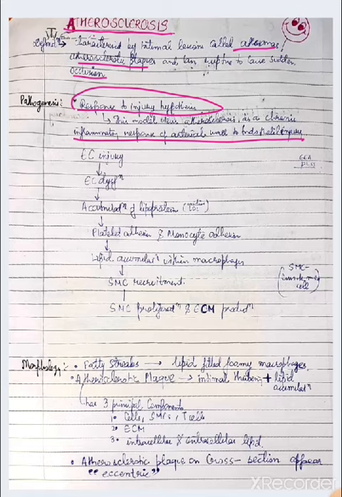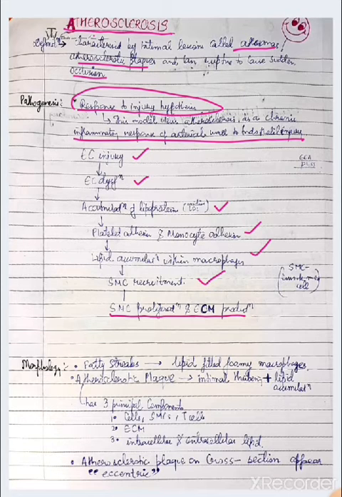Endothelial cell injury leads to endothelial cell dysfunction. Then there is accumulation of lipoprotein, especially oxidized LDL, and platelet adhesion and monocyte adhesion occur. Then there is lipid accumulation within macrophages. Then smooth muscle cell recruitment, and further smooth muscle cell proliferation and ECM production.